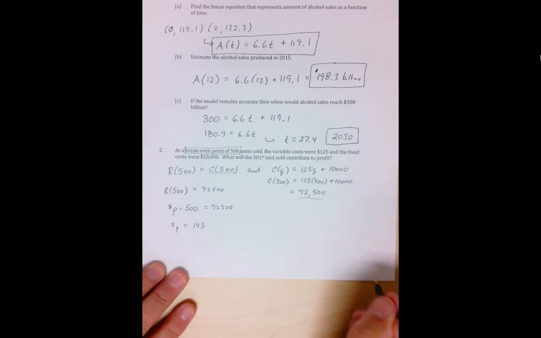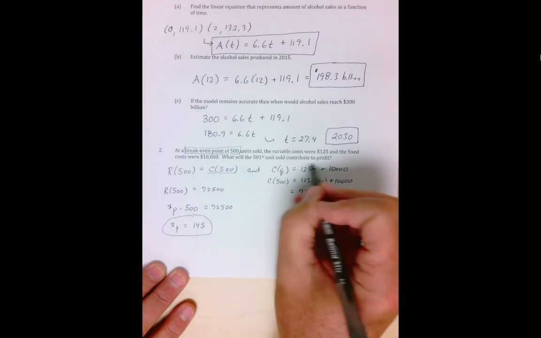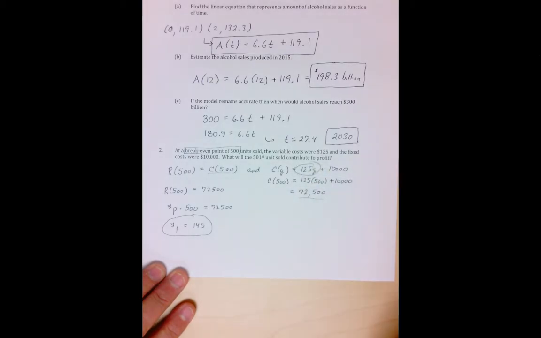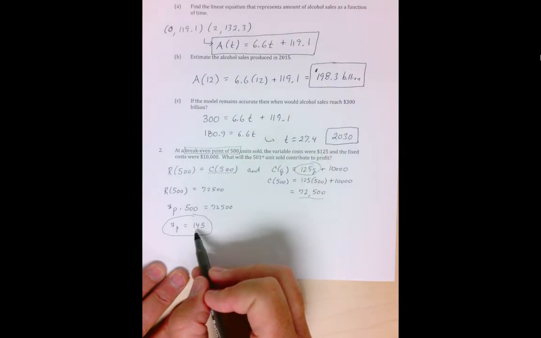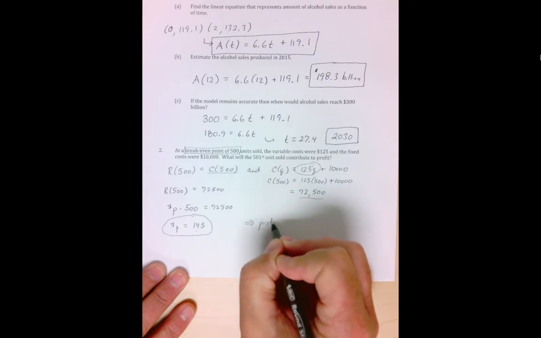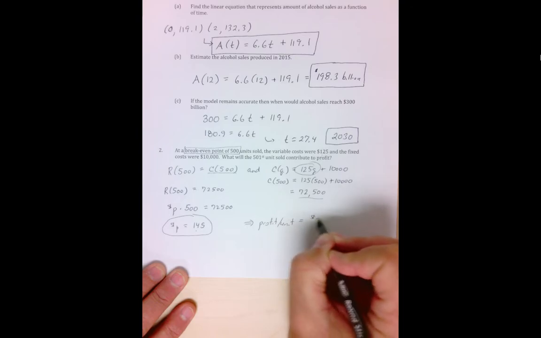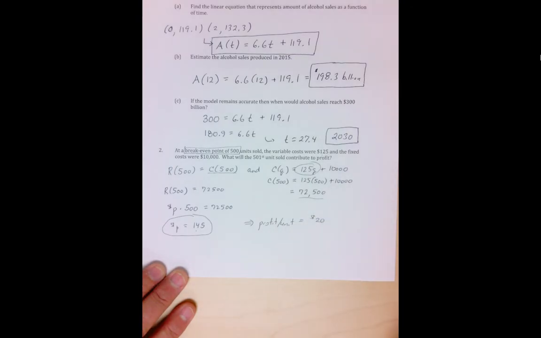So let's think this through. They're selling it at $145. They've got $125 in each unit. They're selling each unit for $145. So my profit per unit is 20 bucks.